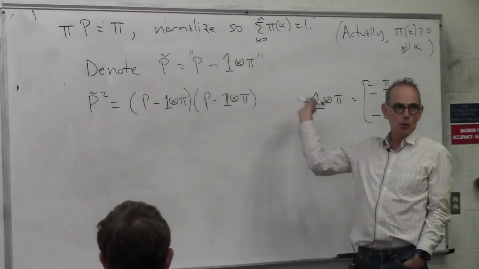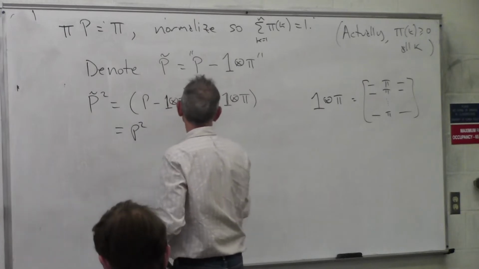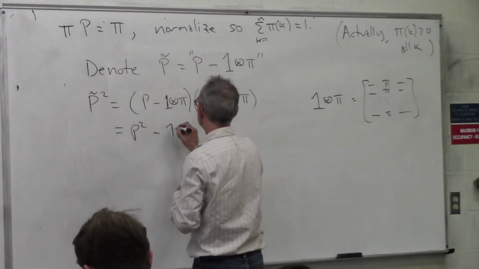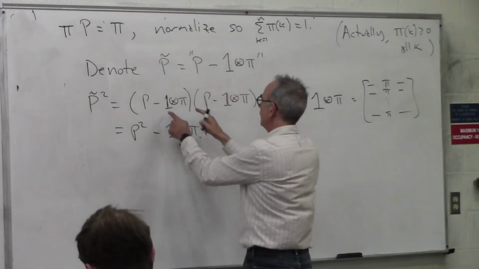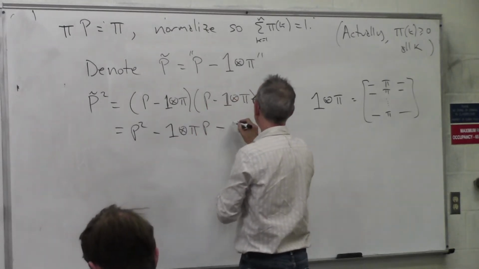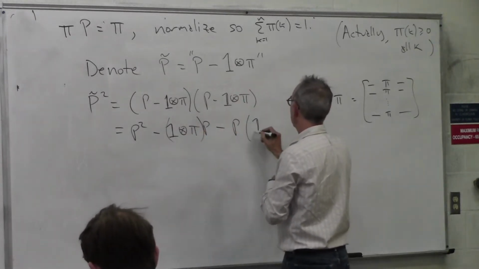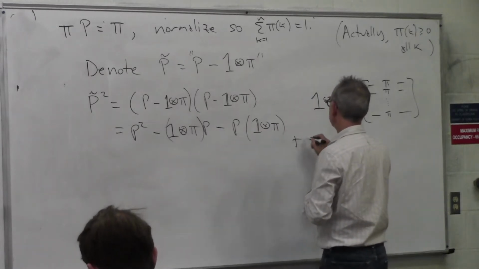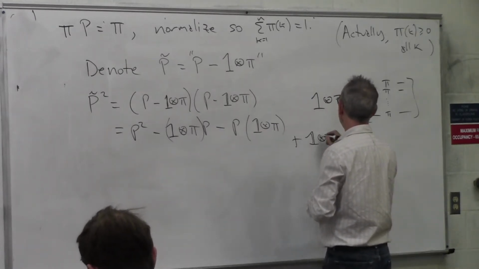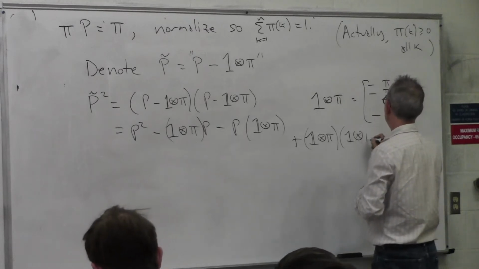Because I'm just going to go and make a big mess of this. I'm going to get P squared minus 1 cross pi P, this times this, minus P 1 cross pi, and then plus 1 cross pi 1 cross pi.